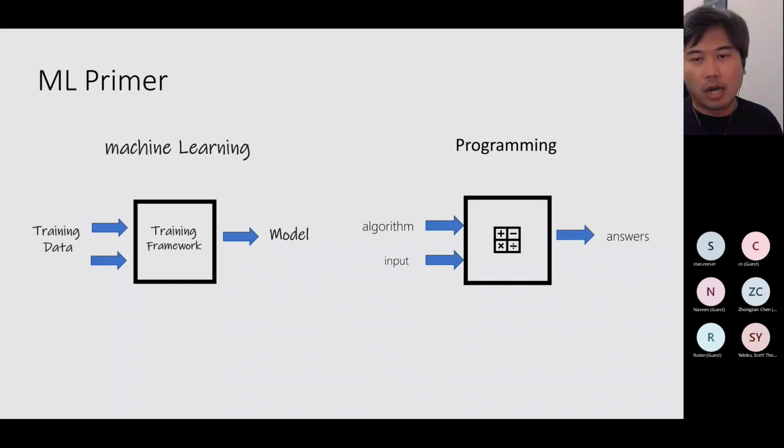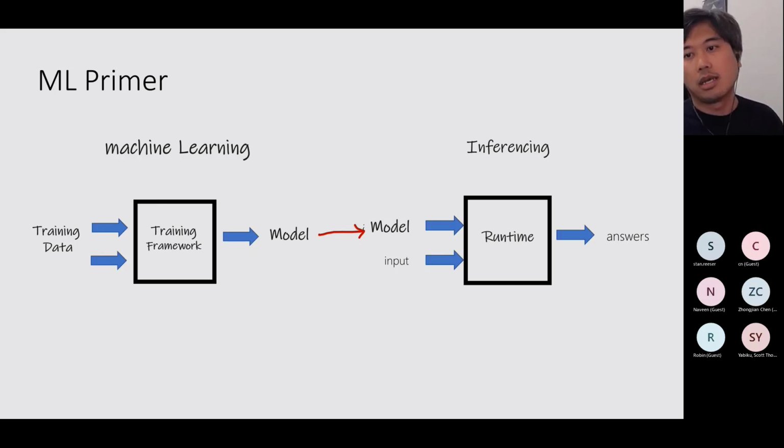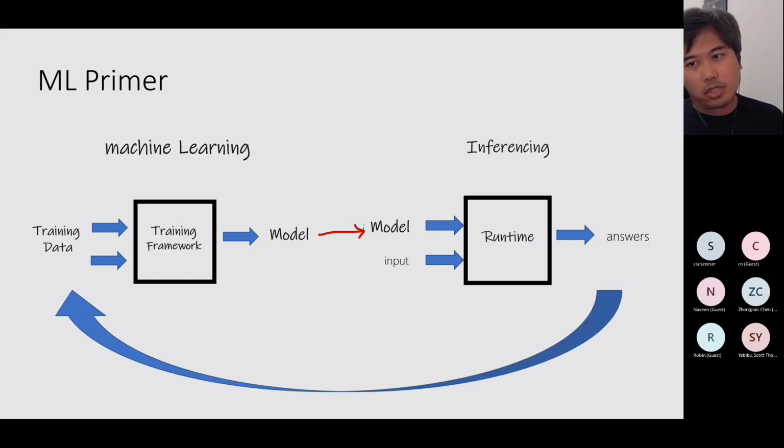Once that model is generated, you can replace it with that algorithm. In the machine learning world, that's called inferencing, and you need a runtime in order to process that model with that input. Now it spits out the answer. And of course, it can be a feedback loop. Now you'll have more training data for your next iteration.